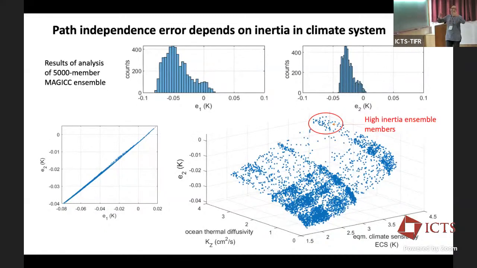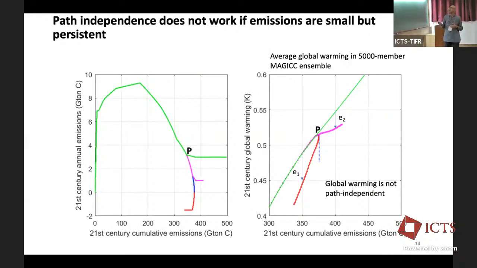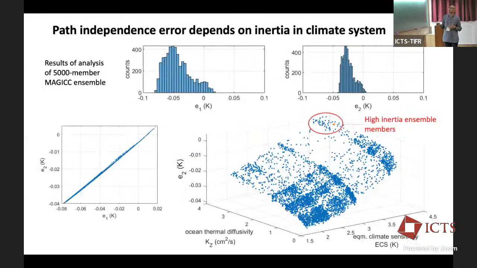So again, while this is no substitute for the kind of Earth system modeling needed to understand the distribution of the hysteresis response, we still know that whether or not one considers small but persistent emissions because you're trying to decarbonize air transport and steel and cement and you're unable to, or it's difficult, and so you're going to have to deal with a long tail of persistent emissions even after decarbonizing much of the economy, or you have negative emissions which are not zero and therefore you're moving along the cumulative emissions axis with a path-dependent response, the errors to our best understanding appear quite related because they all have to do with the thermal inertia of the system.